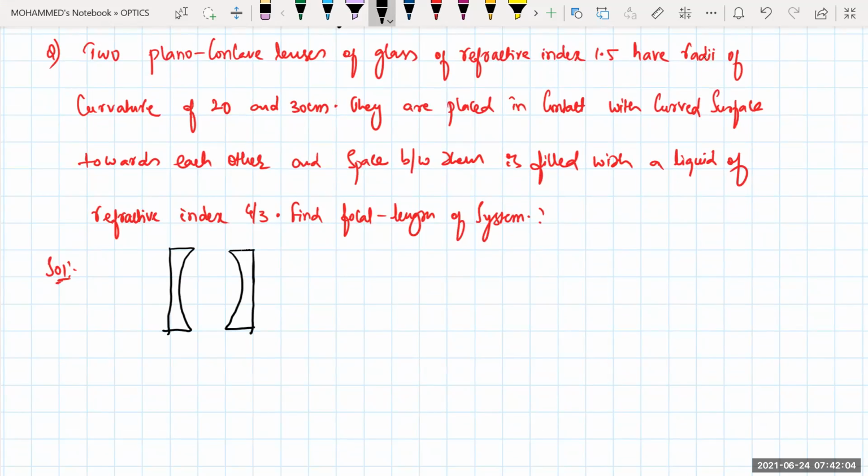The refractive index is 1.5, and the radii of curvature are also given: for the first one it is 20, and for the other it is 30. They are placed in contact with the curved surfaces towards each other. Now when you attach both of them, the curved surfaces will face each other like this.